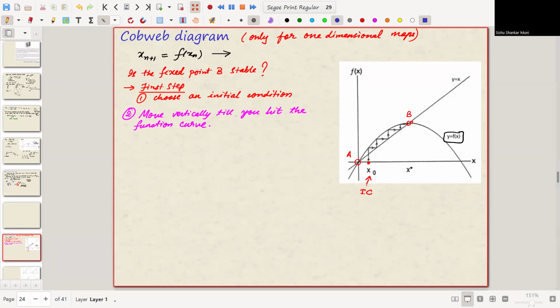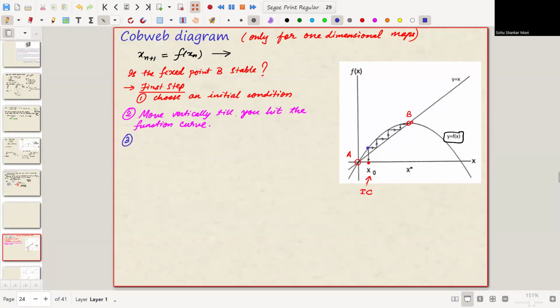You started from here, X naught, which is denoted in red. Then you are moving vertically upward, and you hit the function curve. Is it this line or the curved line? The curved line, y equals f of x. So you hit here, at the blue point. Everybody okay with that? Yes.